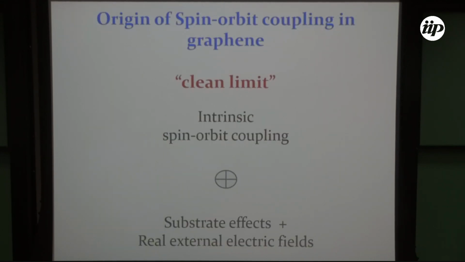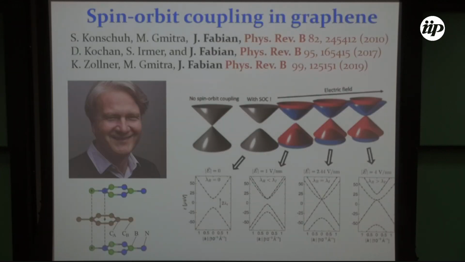And first of all, I want to describe what was essential to achieve first, which is what could be the intrinsic origin of spin-orbit coupling in graphene. And thanks, as I say, we were very lucky that Jaroslav, Denis, Martin, they established a list of fundamental papers where they provide the overview of what's going on.